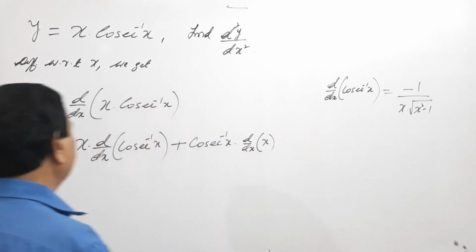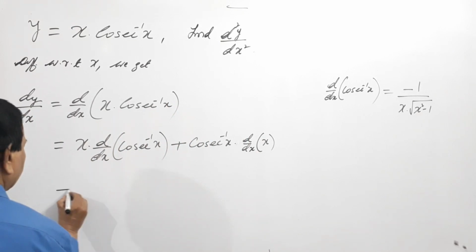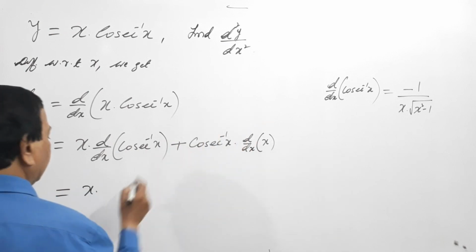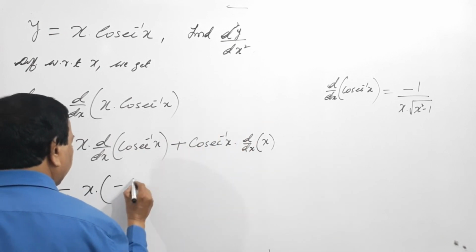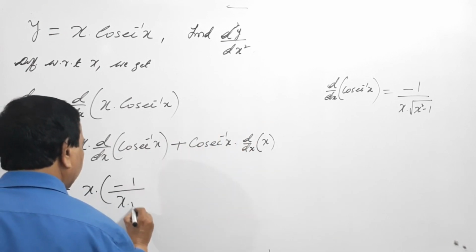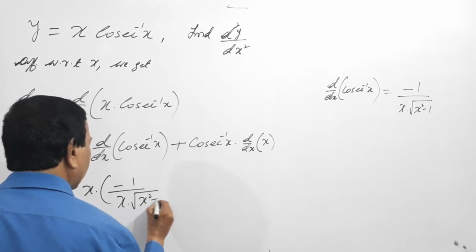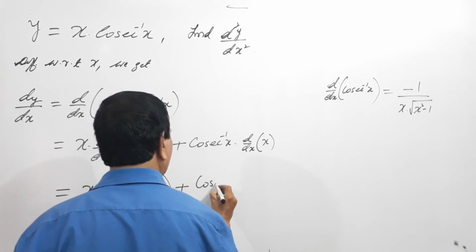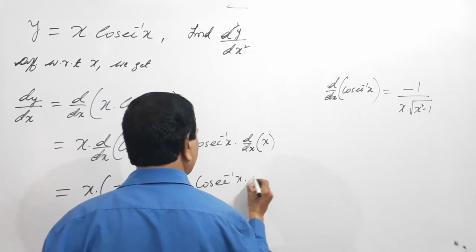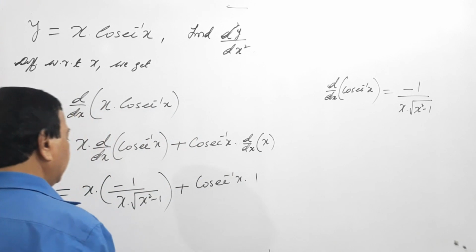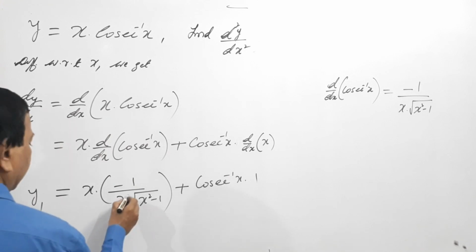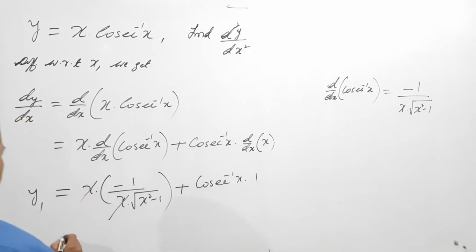So let's go ahead. So what happens to this? This becomes x into d by dx inverse is nothing but, I'll use bracket, minus 1 by x into under the root x square minus 1, plus cosecant inverse x into 1, d by dx of x is 1. So what happens here? This is our y1. So this x cancels.